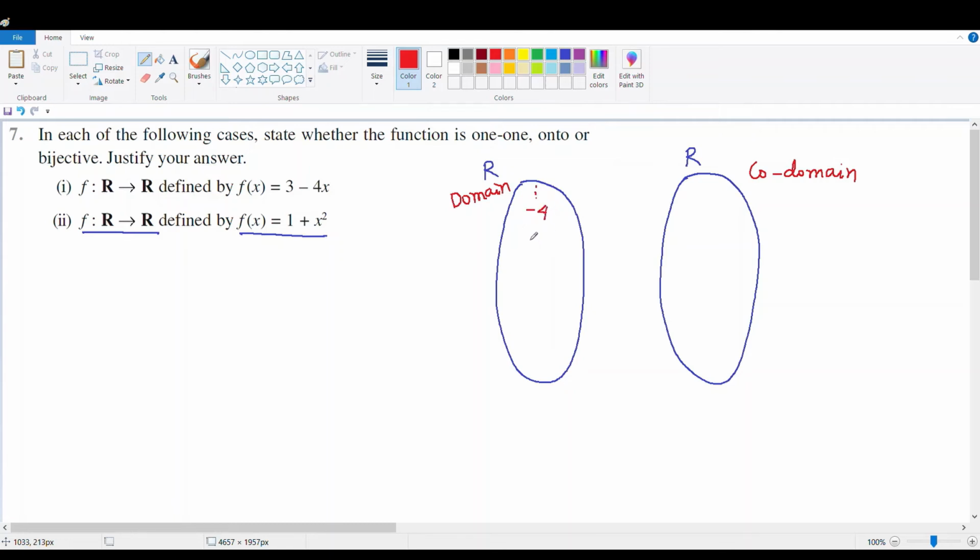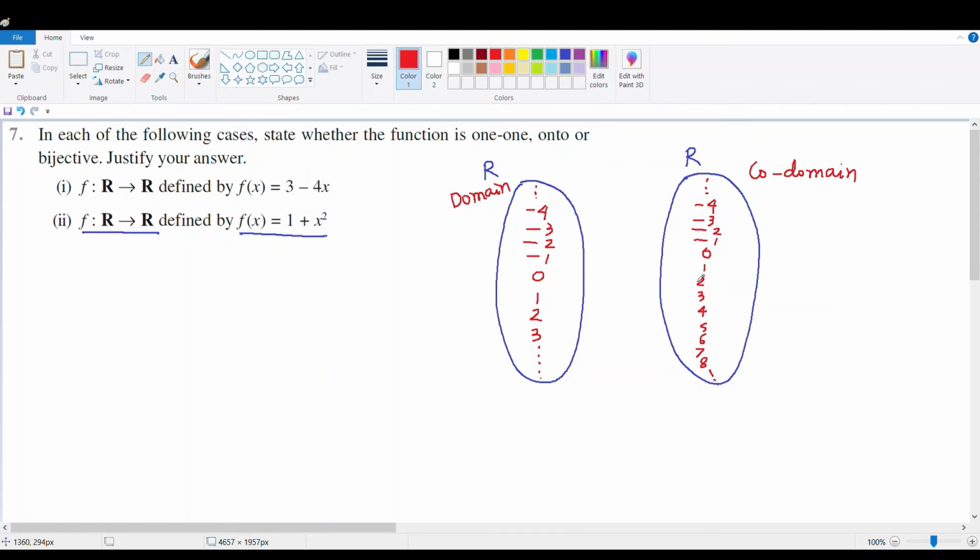So negative 4, negative 3, negative 2, negative 1, 0, 1, 2, 3, and it keeps on going, right? Same way here in this real number set, again you will be able to see, let's say negative 4, negative 3, negative 2, negative 1, 0, 1, 2, 3, 4, 5, 6, 7, 8, and it keeps on going, because it's all the real numbers that you can think of.